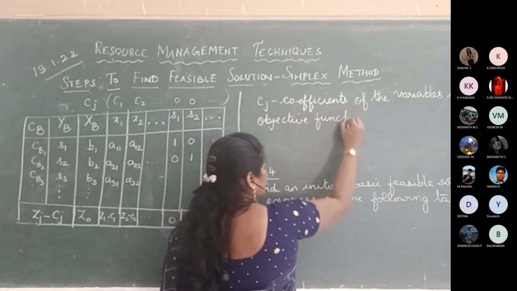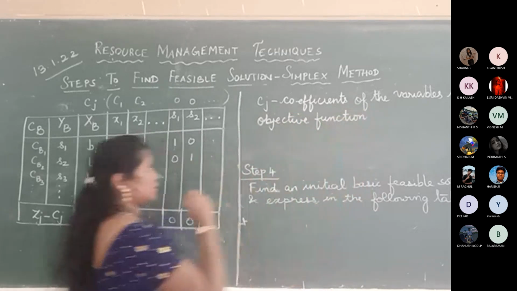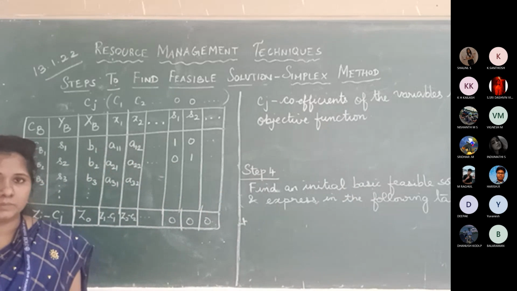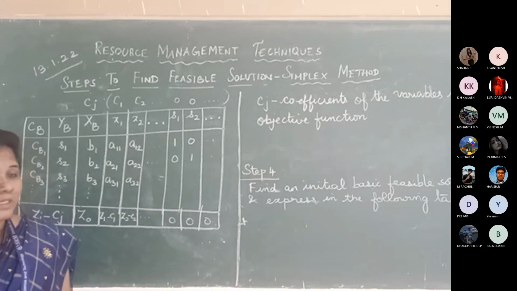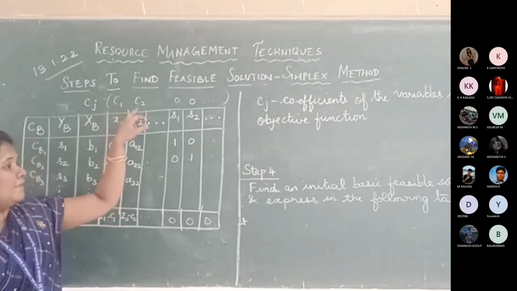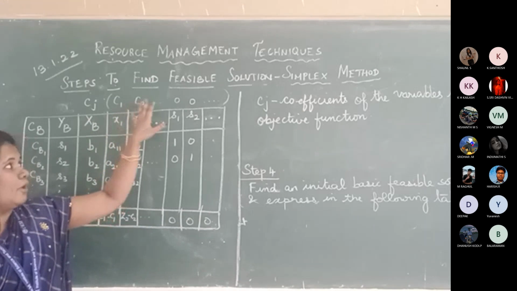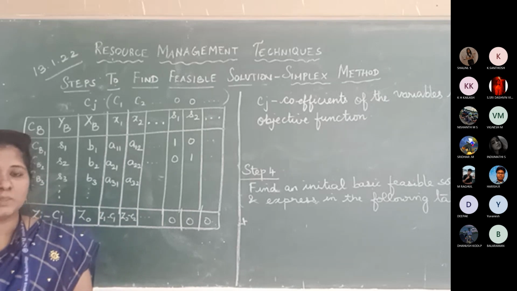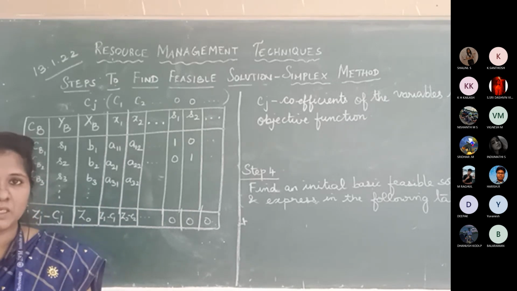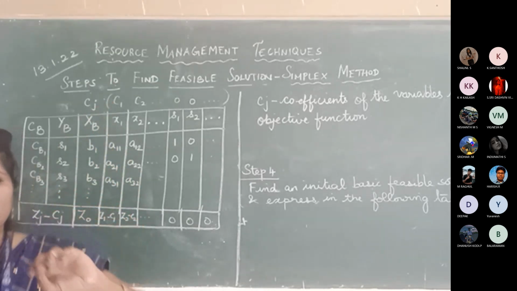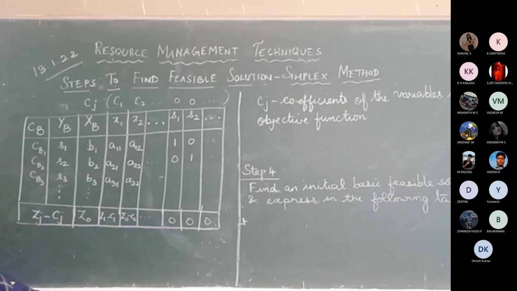You will take a maximization problem only. Maximize Z equal to, say, 2x1 plus 4x2. You will take only the coefficient of that variable, so here you will write that 2 and that 4 value. Your other slack variables will be 0. You will be writing a slack variable 0 there. Only for the variables which you have taken from the question, you will write the coefficient. That will be your Cj.